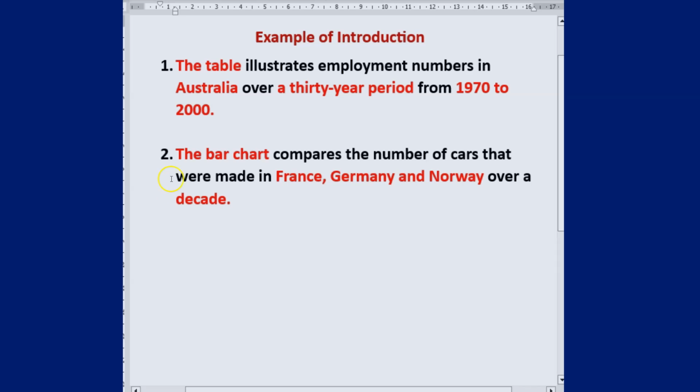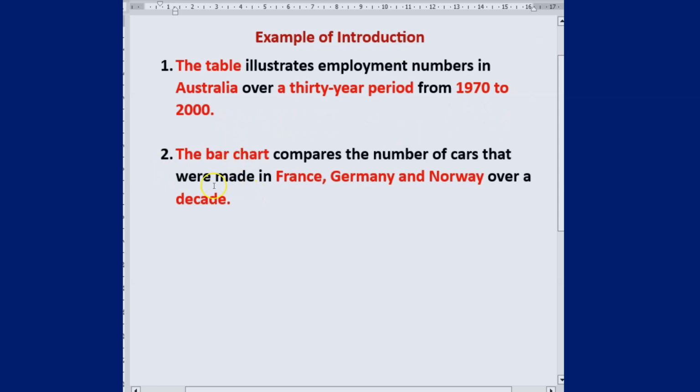So you can see the first one, which is the table, has been written clearly here. We know that this is a table, and it also shows the place where the information was collected, which is Australia. And it also tells us the time that this information covers, a 30-year period from 1970 to 2000.